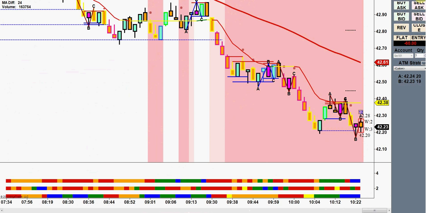Right now it looks like it could go either way. Could close up, could close down.